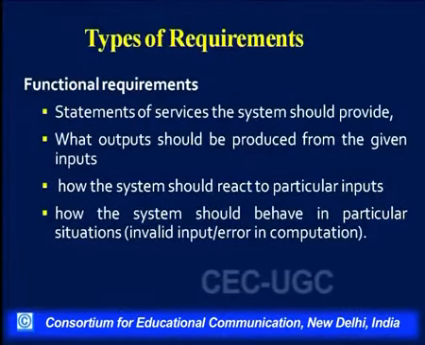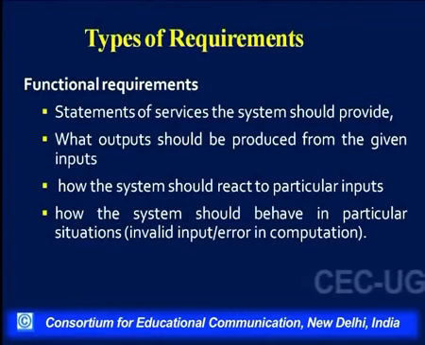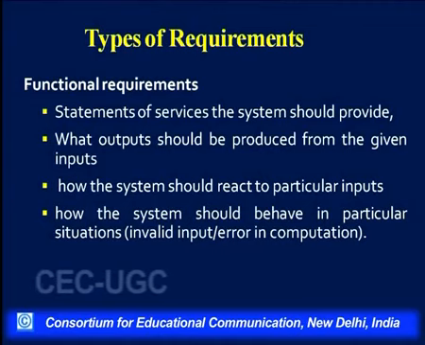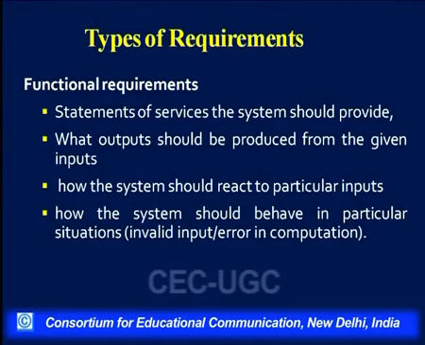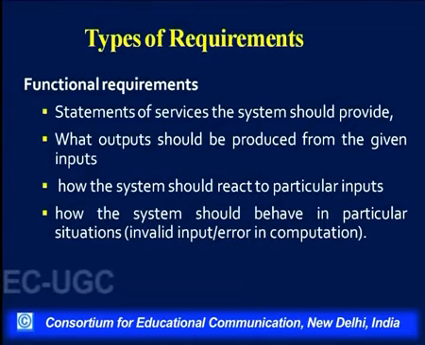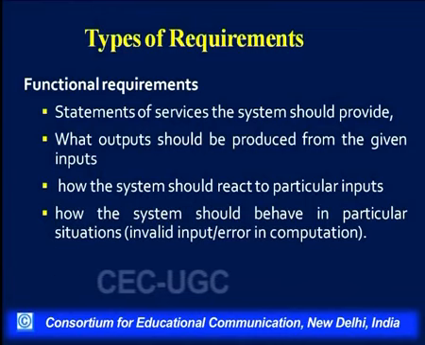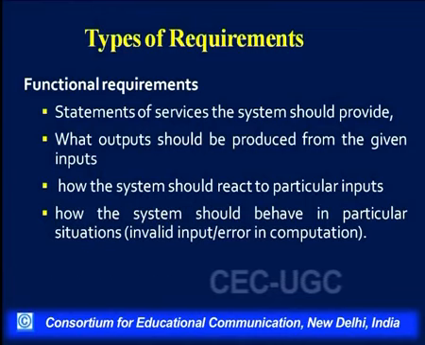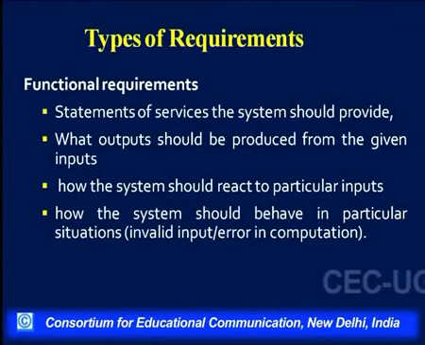It also talks about how the system will react to particular types of inputs or in particular situations, for example if an invalid input is given, or there is an error in computation, or an invalid output is being given. So how the system is going to behave when these kinds of situations are met.